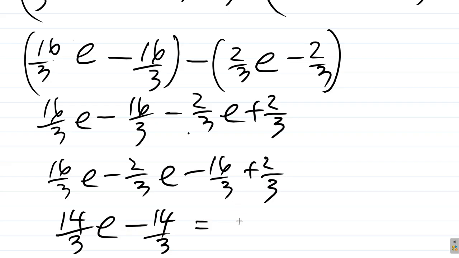So it seems like what we get here now is 14 over 3 times (e minus 1). Okay, so that's what we have, 14 over 3 (e minus 1).